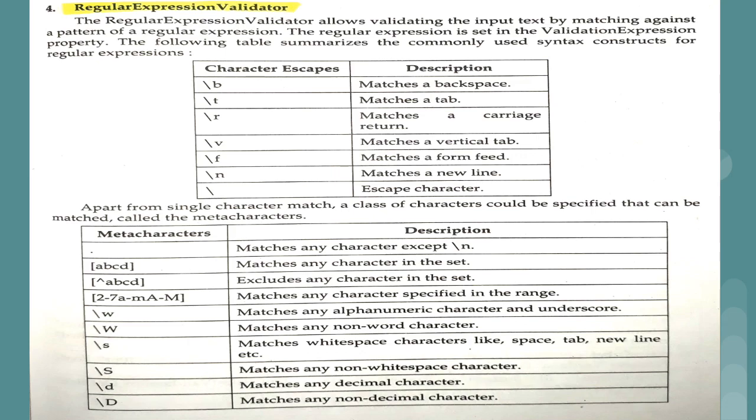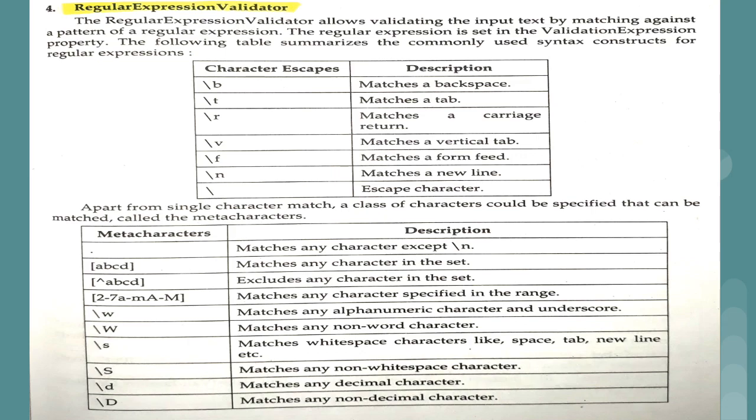For example, we can take the example of an email id. As we all know, an email id is not in the form of just abc. If you write only ABC, that is not a proper email id. An email id means we should have a username. After the username we have the at the rate symbol. After the at the rate symbol we have the domain and the subdomain, whatever you want to enter.